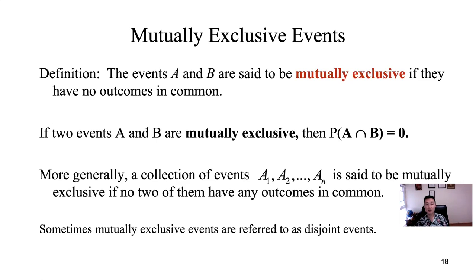In other words, if A and B are mutually exclusive, then P(A and B), where P is for probability and half circle facing down is and, if A and B have no intersection, and the probability P(A and B) equals 0, then we call these two events mutually exclusive.